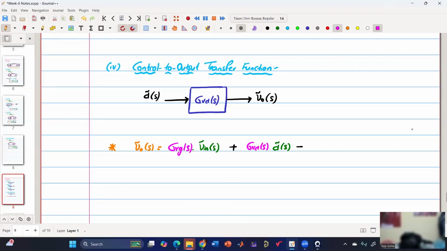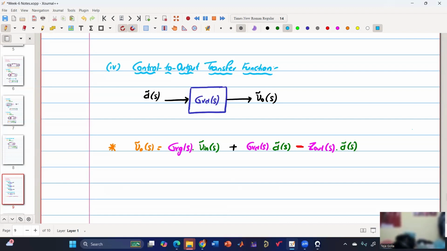Maybe I'll use a different color for minus so that you'll remember. Minus Z output of S into I naught perturb of S.